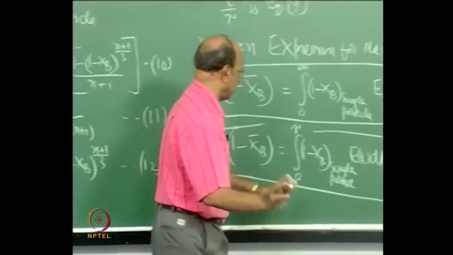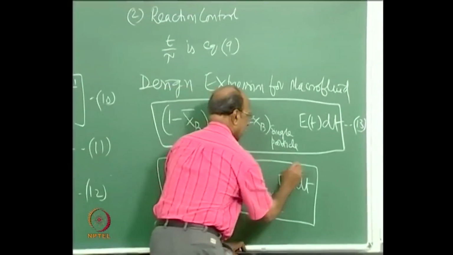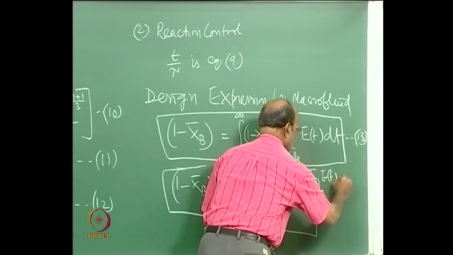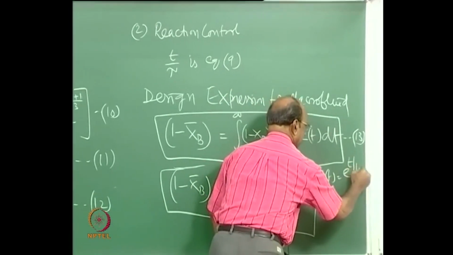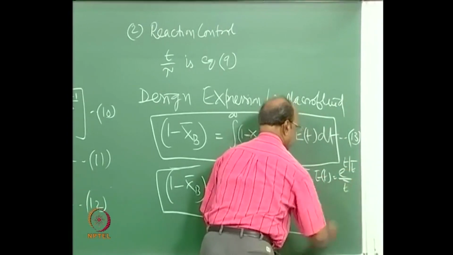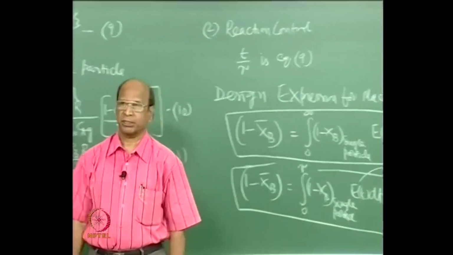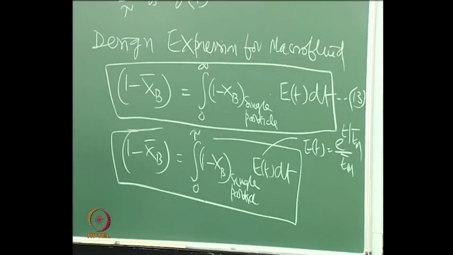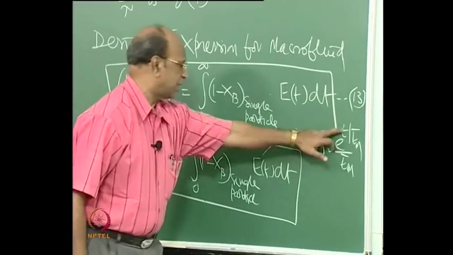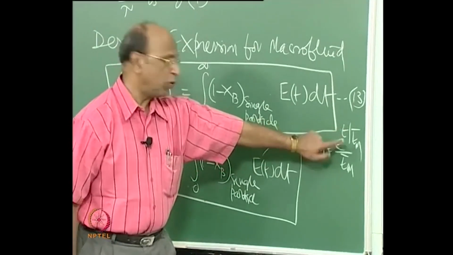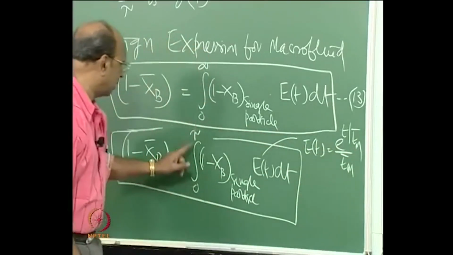I think maybe you did not catch my point. Here, if E t I write as e power minus t by t bar, divided by t bar, let me say clearly, right. So, this small t will disappear because it is a definite integral, then you will have it in terms of t bar and tau.